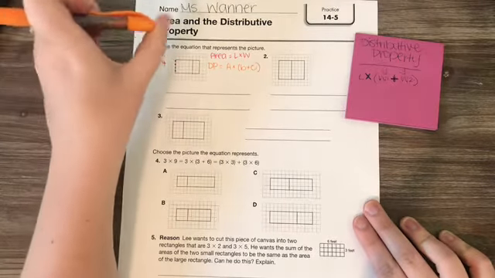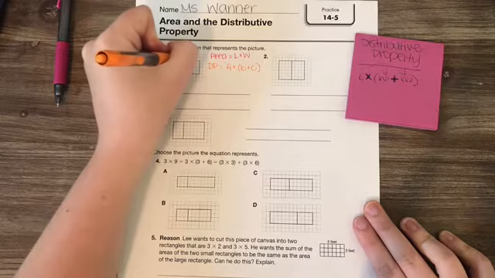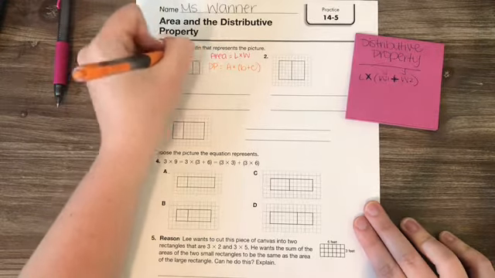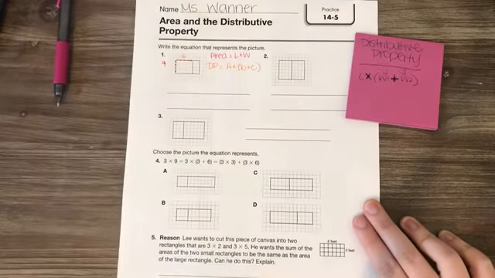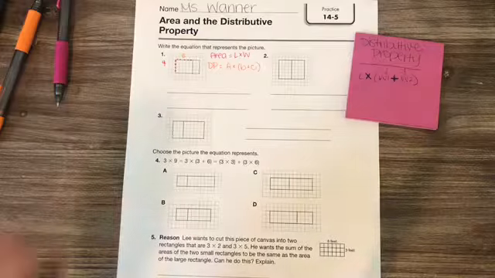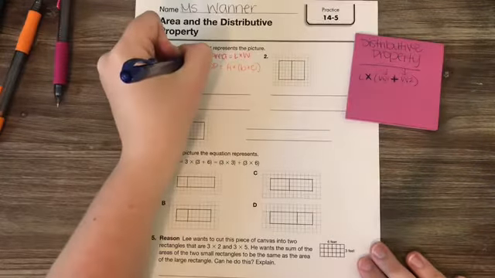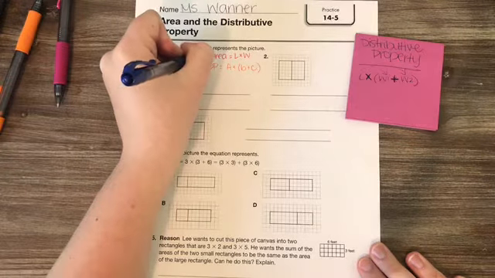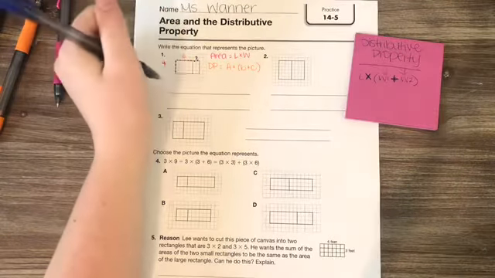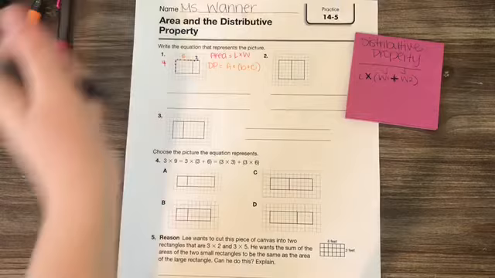So I have a width of 1, 2, 3, 4, and 5. So my first width is going to be 5. And then I'm going to measure my second width, and I have 1 and 2. So my widths are 5 and 2, and then my length is 4.